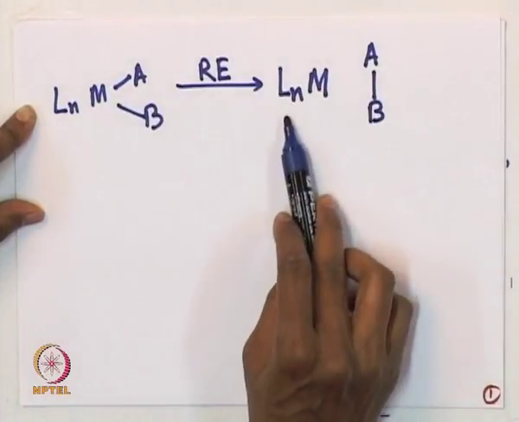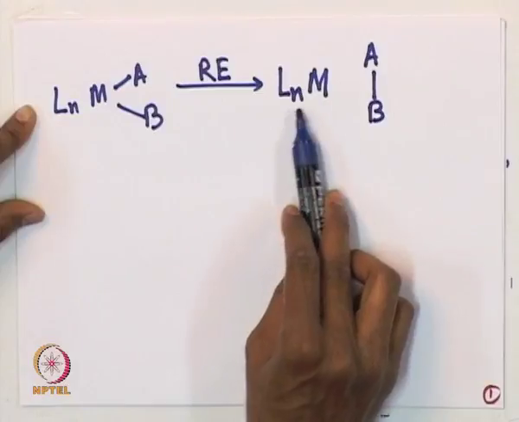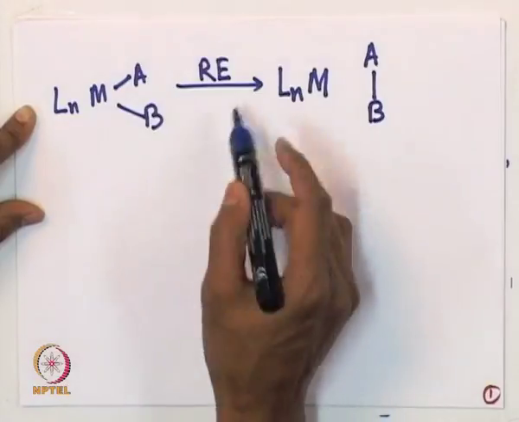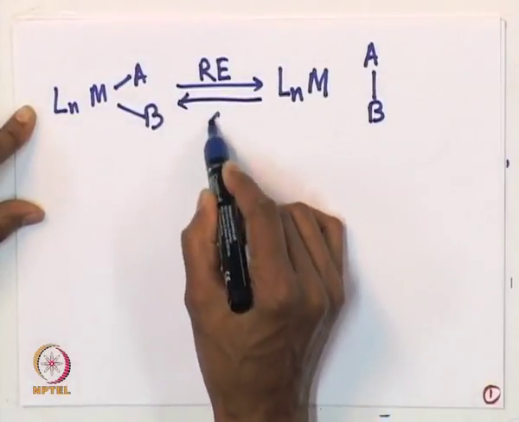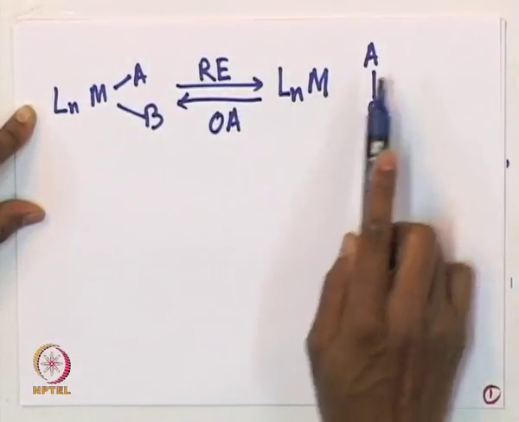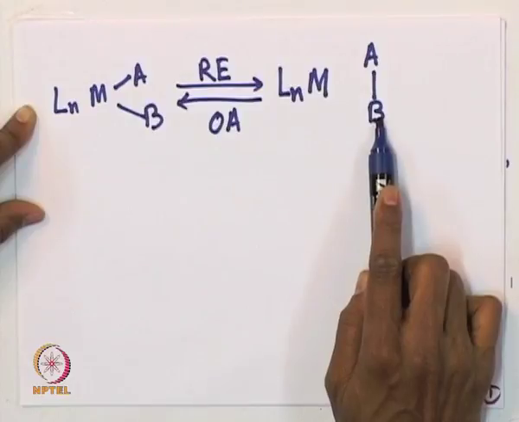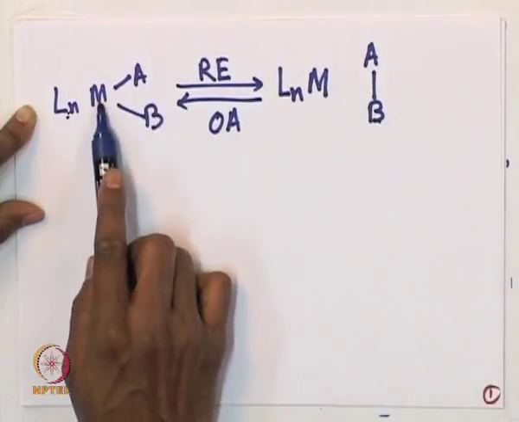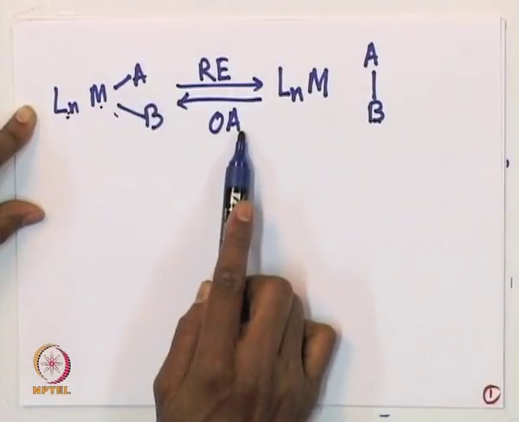You can understand that the backward direction would be oxidative addition: ligand metal complex interacting with A and B to give you ligand metal AB by oxidative addition.